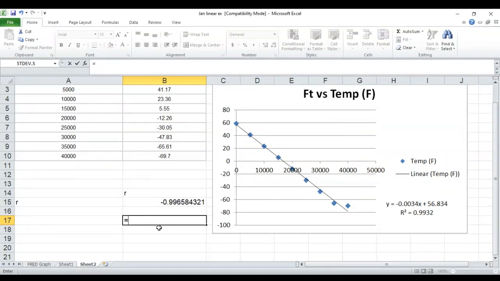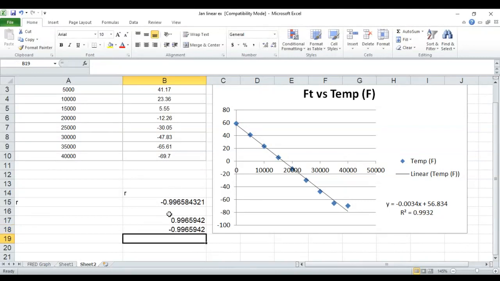So it would be -0.99. You would have to do that yourself if you do the square root. That's why I like the correlation function inside of Excel.